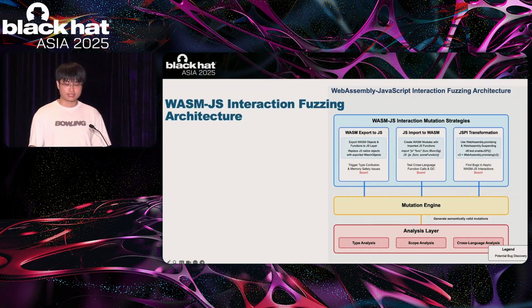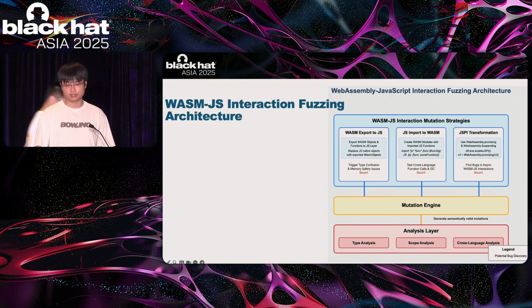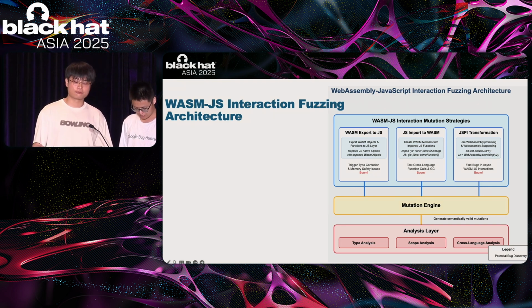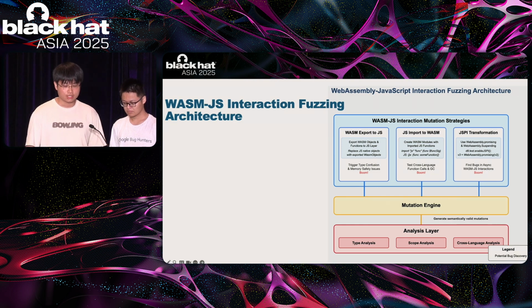Finally, let's summarize the enhancements we made to the JS function fuzzers and how they contribute to discovering new types of vulnerabilities. Previously, the fuzzer primarily focused on JS syntax and type mutations, with limited handling of WebAssembly-JS interactions. To address this, we introduced several key improvements.